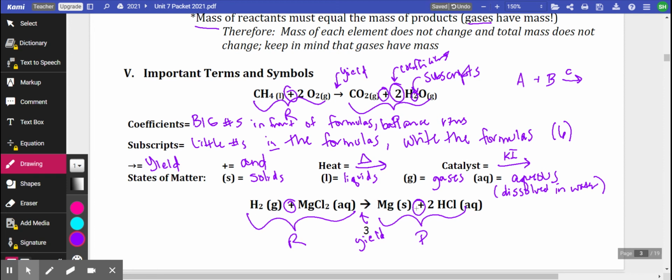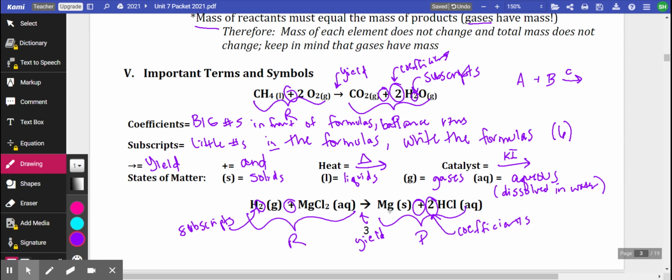We have to put the and sign in between it. We can see the little numbers are the subscripts that are part of the formulas. We cannot change those. Those are predetermined by formula writing rules. Then we have big numbers out in front, like this 2, which are the coefficients that help balance the equation to follow the law of conservation of mass.